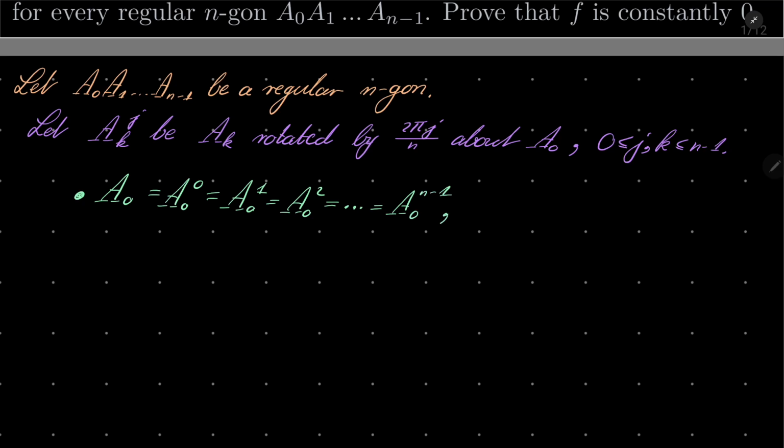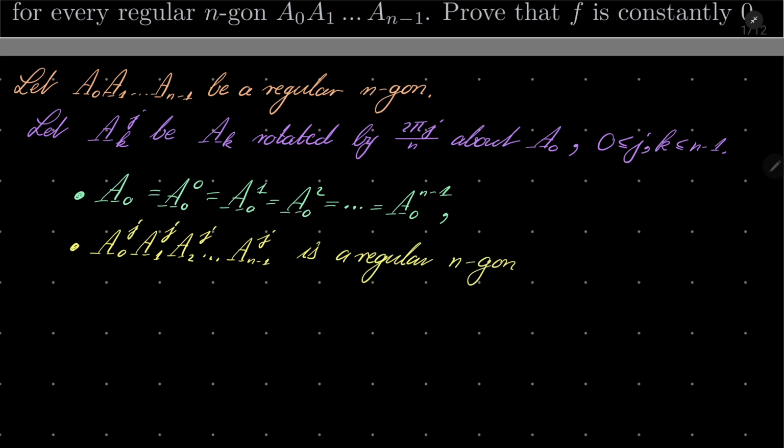Second observation is that a_0^j, a_1^j, a_2^j, and so on, a_{n-1}^j is a regular n-gon.